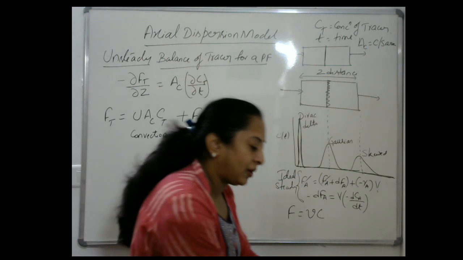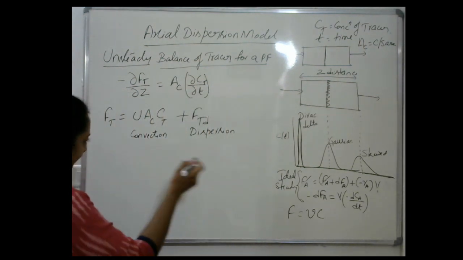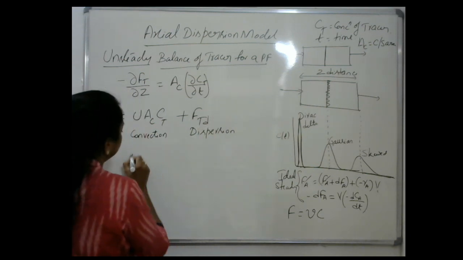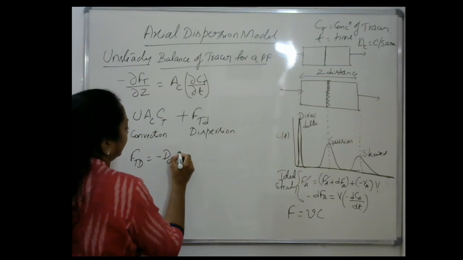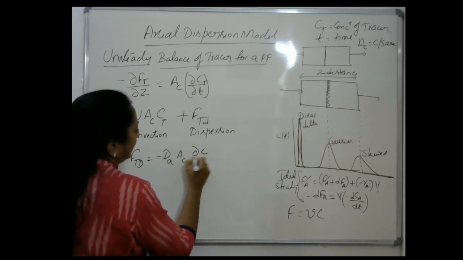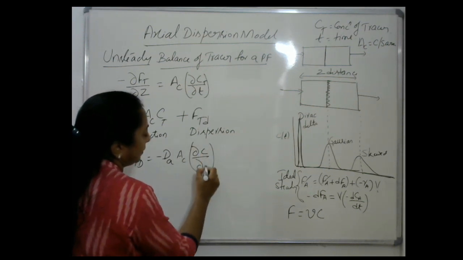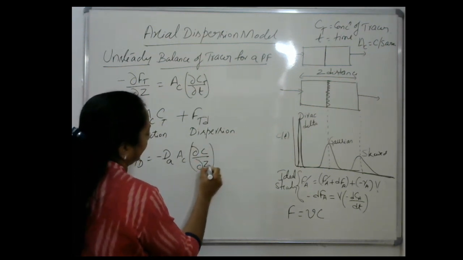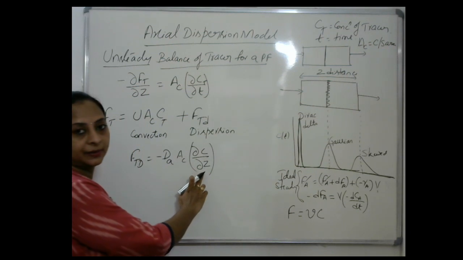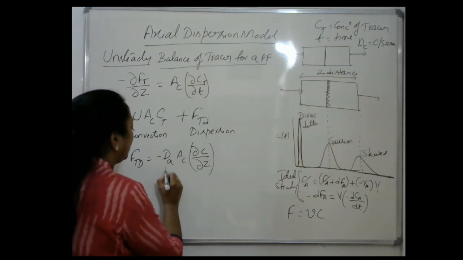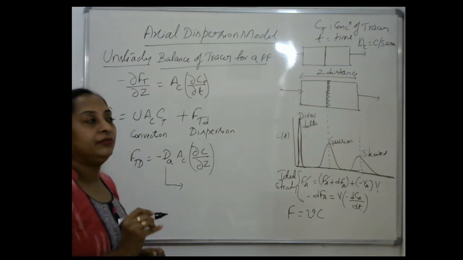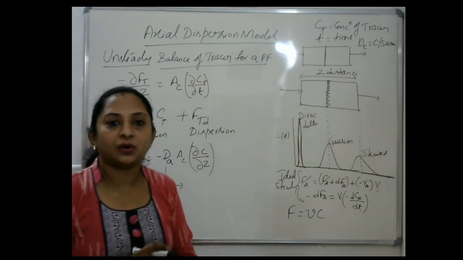I'll write this as FTD is equal to minus dA AC into dou C by dou Z. There is a concentration gradient. What is dA now? dA in Fick's law of diffusion is the diffusivity coefficient.